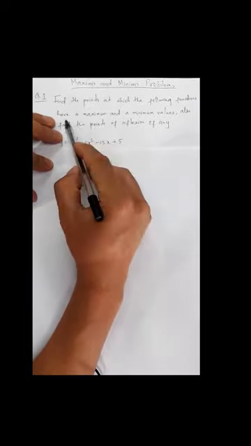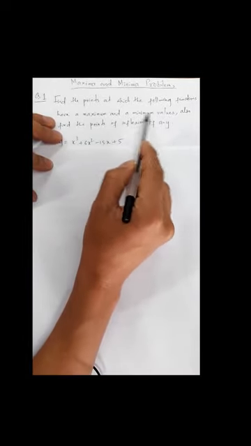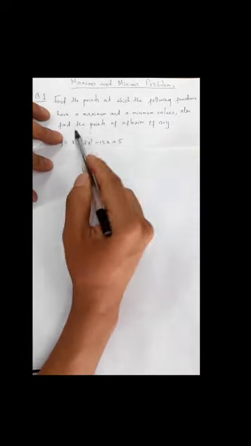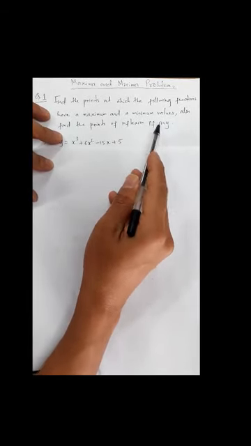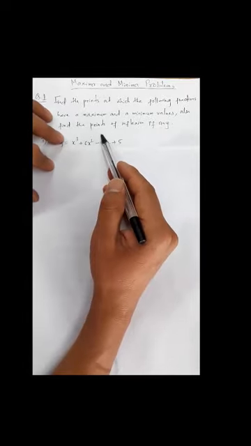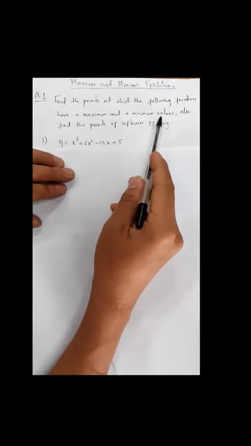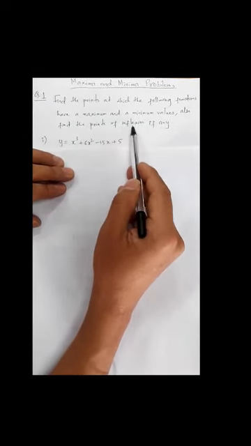Find the points at which the following functions have a maximum and a minimum value. Also find the points of inflection if any. So here the question says that you need to find maximum and minimum values and point of inflection.